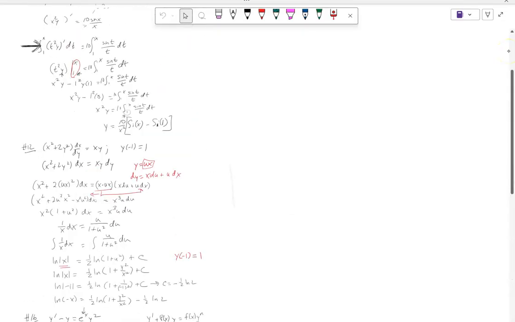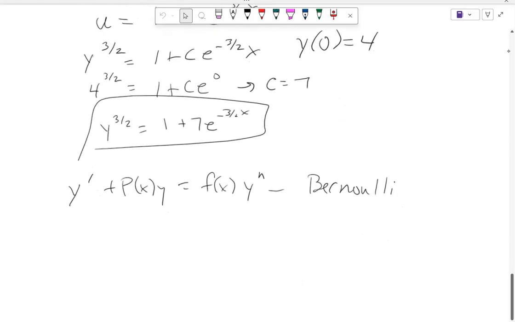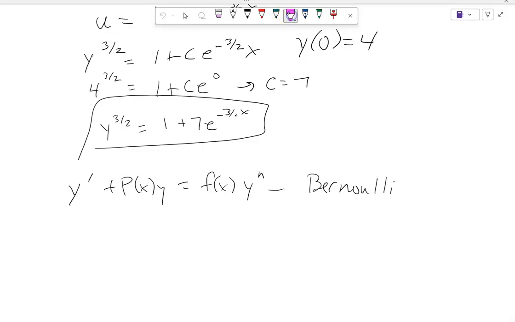Last class we talked about the form where it almost looks linear. It's that piece right there that makes it not linear, right? So we basically moved it to the other side and made a substitution so that it would look linear, right?